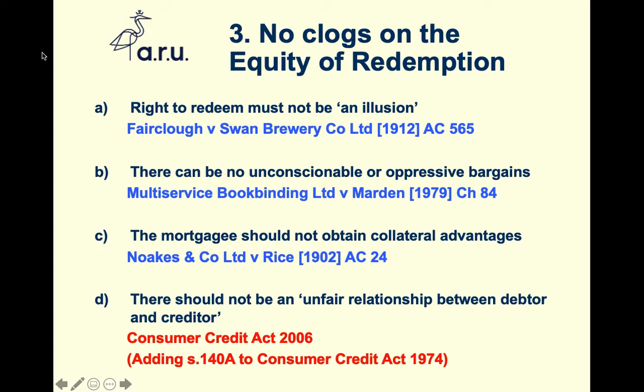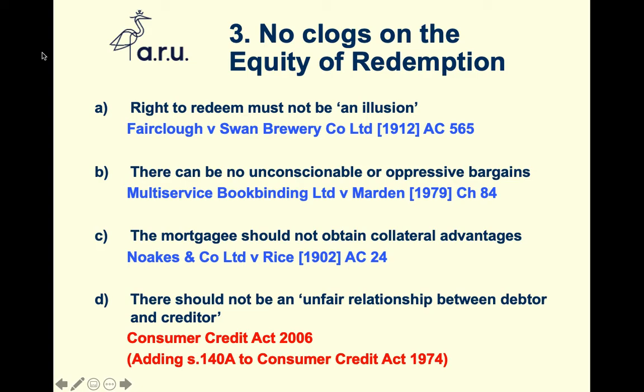The bank have to be seen to behave in a way that is fair and allows for redemption to occur. So a mortgage is a form of security, and the mortgagee should free the property at the end of the term and not use the mortgage as a device to obtain some form of control over the property.